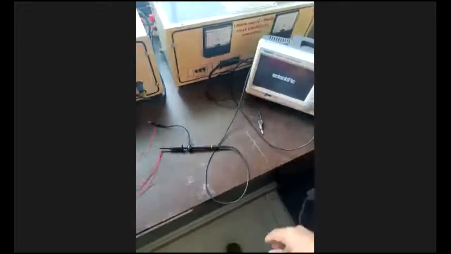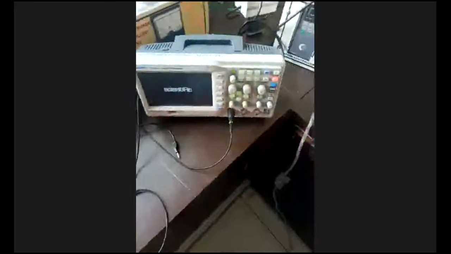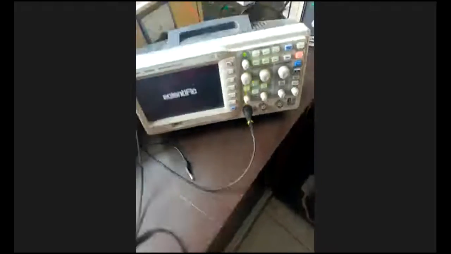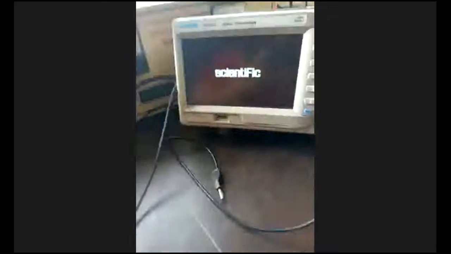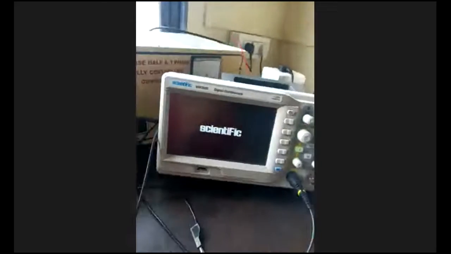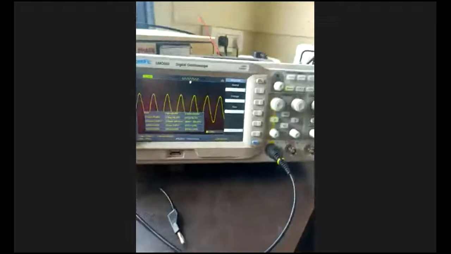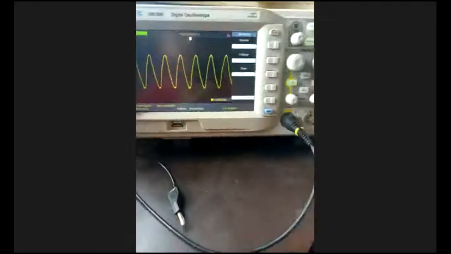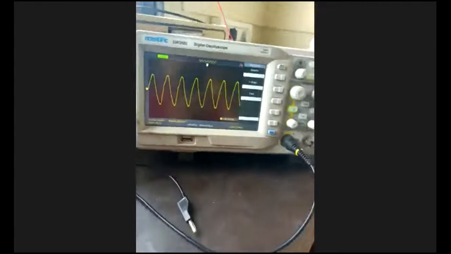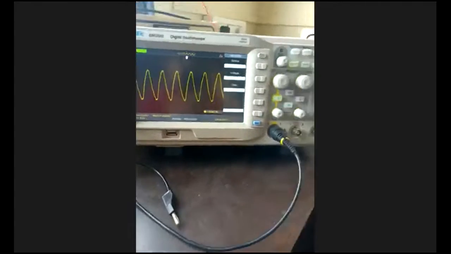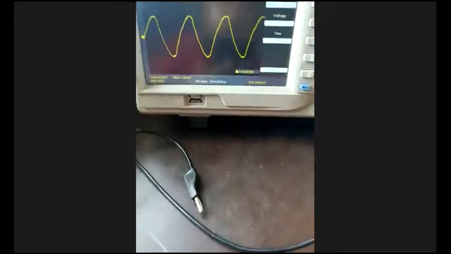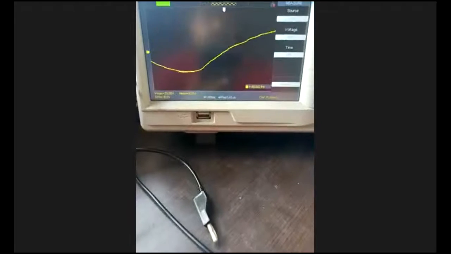Okay, I will switch on the supply, both. Here the alternating voltage we are going to measure.